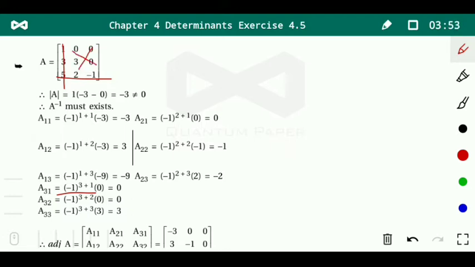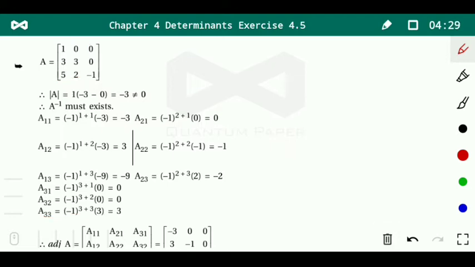Next, A32: we remove the third row, second column, so again the value of A32 is 0, because 1 0 0 0 and 3 zeros are 0. Next and last we have to find A33: we remove the third row, third column, so the remaining elements are 1 0 3 3, and the value of this determinant is 3 ones are 3 minus 0, so it will be 3. So 3 into minus 1 raised to 6, which is positive, so the answer is 3.